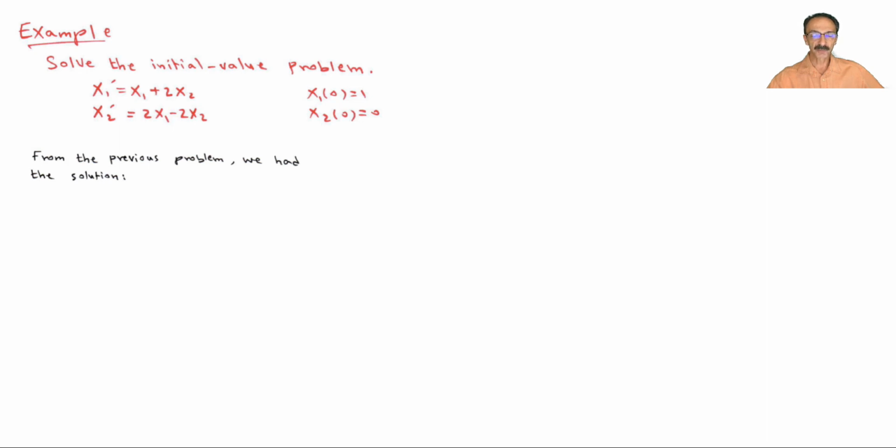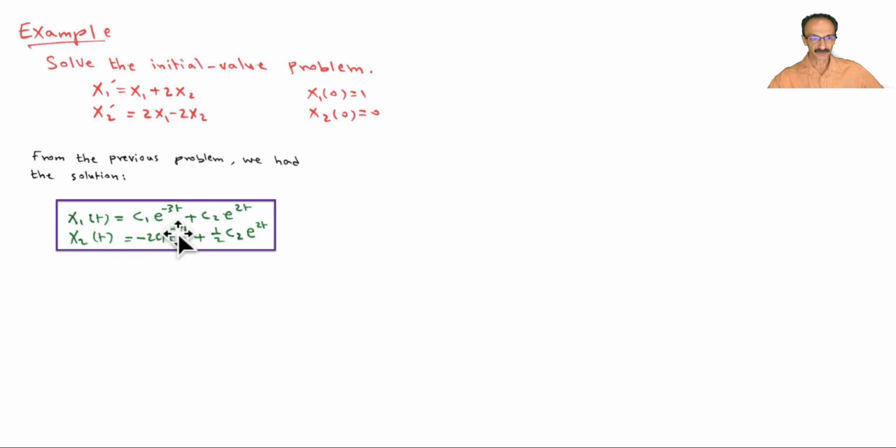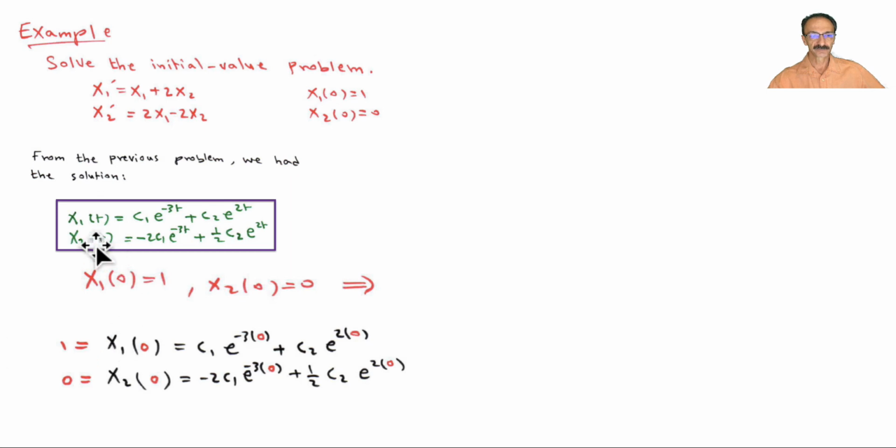From the previous problem, we had the solution for this, and that was given to me right here. Let's just plug in the numbers. x1 of 0 equals 1. x2 of 0 equals 0. Just plug in 0 wherever you can, wherever t is. E to the power 0 is 1.